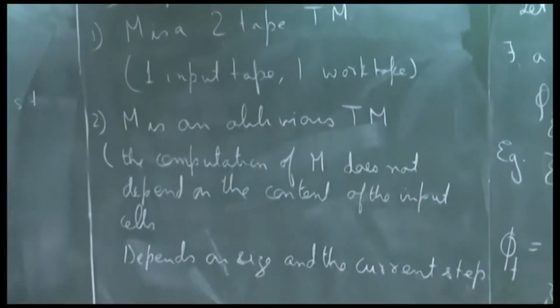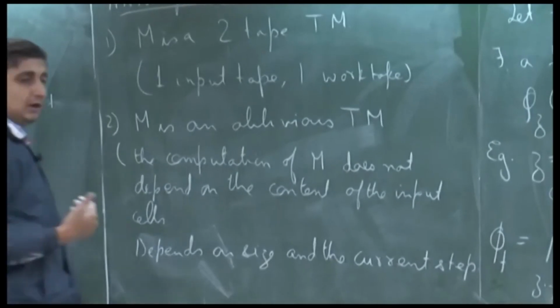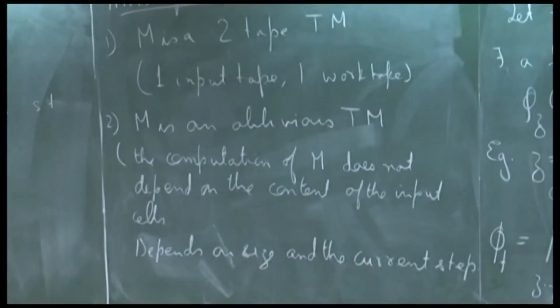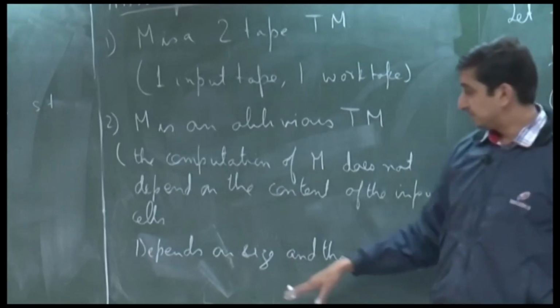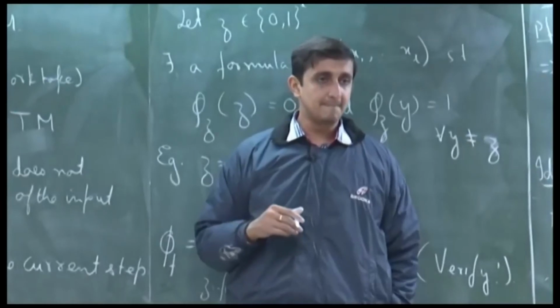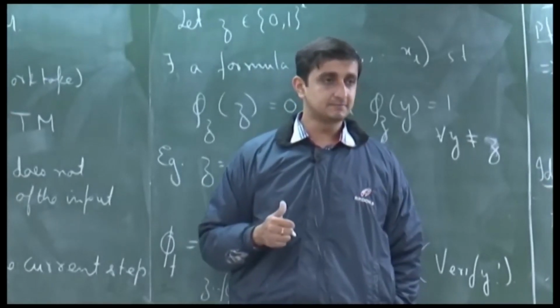Okay. So, if the machine is taking the ith step, no matter what is present in the tapes of that Turing machine, it would always take the same step. Okay. So, the transition function is a function of the size of the input length and the position of where the tape head is. Okay.